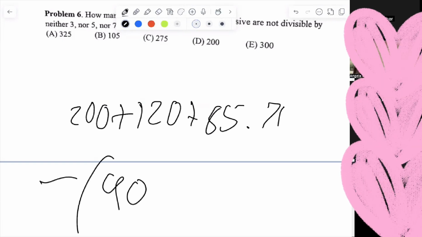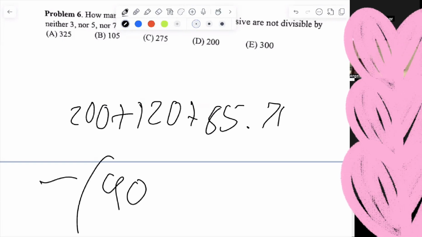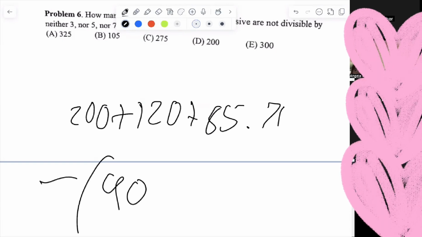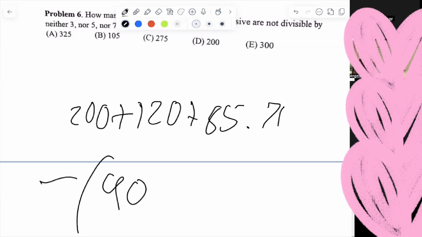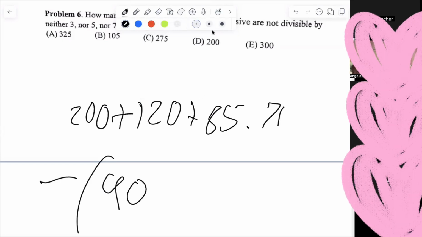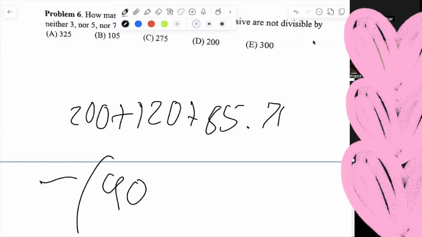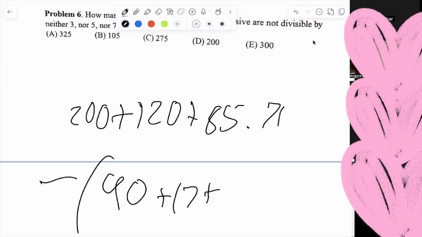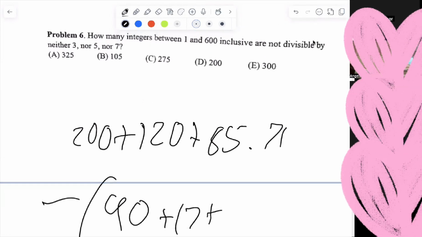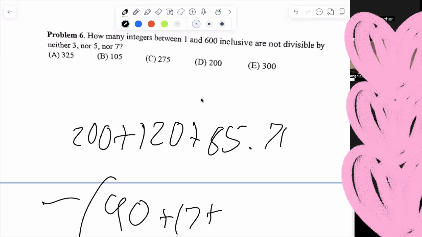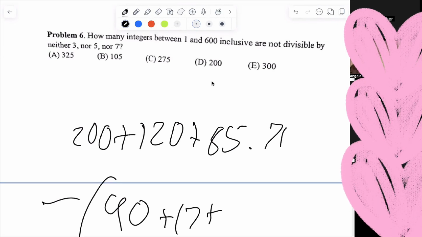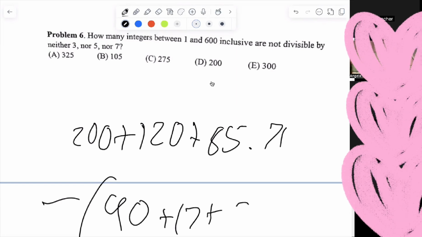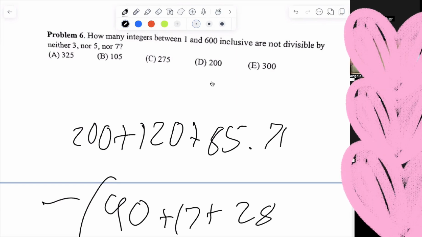That's basically 600 divided by 35, or 120 divided by 7, which is just equal to 17. And how many are divisible by 21? This just becomes 600 divided by 21, or approximately 28.